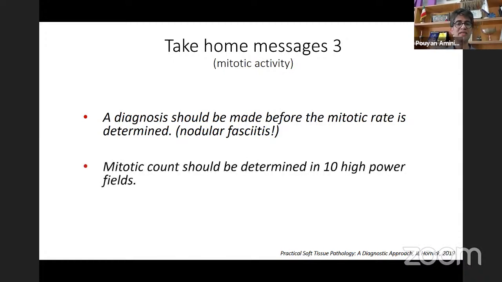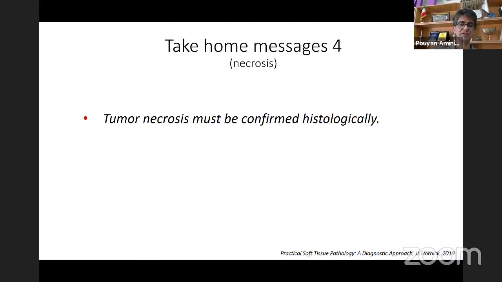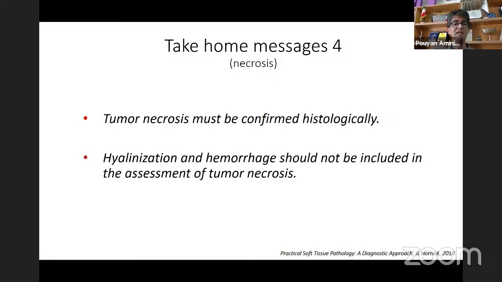Mitotic count should be determined in 10 high power fields, and also you can use 10 contiguous high power fields to assess the mitotic activity of the lesion. And also tumor necrosis must be confirmed histologically, and gross examination is not enough to report necrosis of the tumor. And also hyalinization and hemorrhage should be excluded.